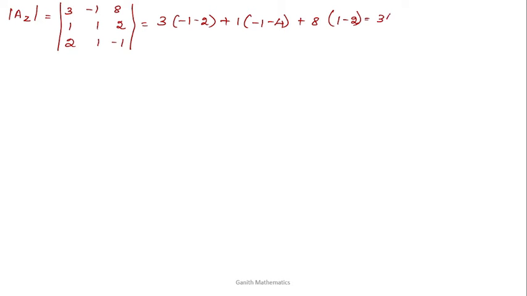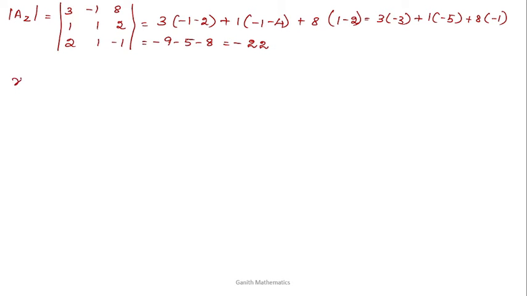So this will be 3 into minus 3 plus 1 into minus 5 plus 8 into minus 1, which is equal to minus 9 minus 5 minus 8. So minus 9 minus 8 minus 5 will be minus 22.